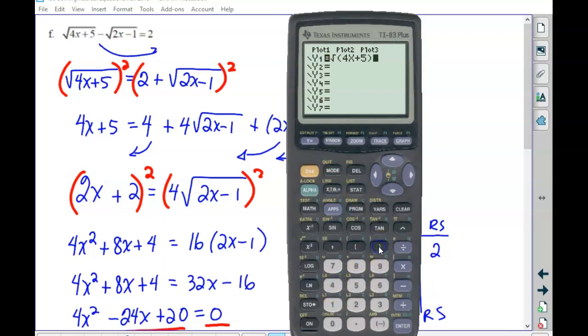I've got to close the brackets on mine, minus the square root of 2x minus 1. Close that bracket, minus 2, and graph on a standard screen, because we think the solutions would fit on there anyway.